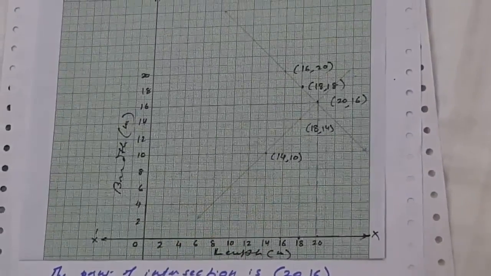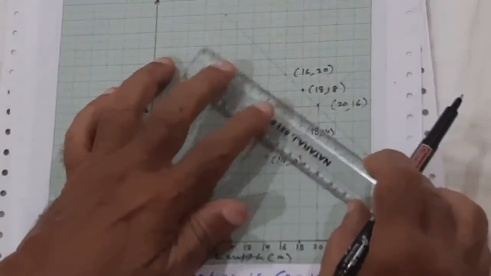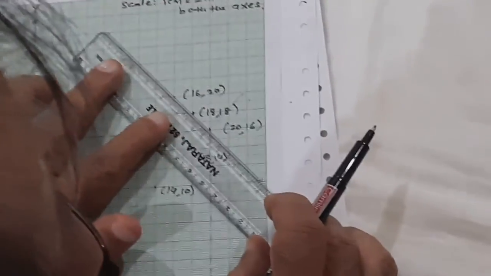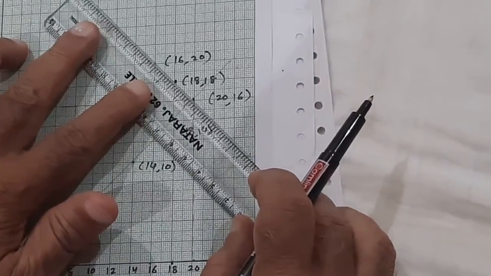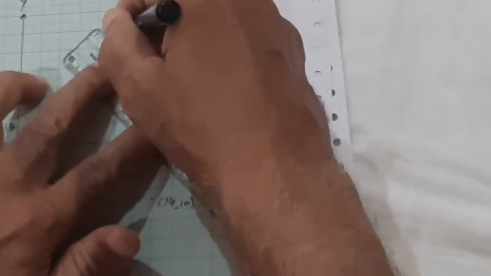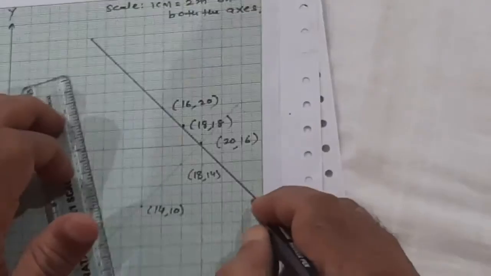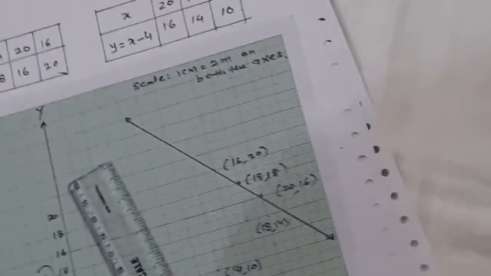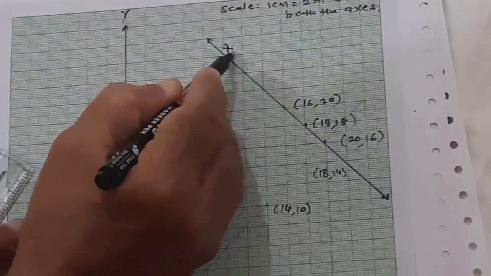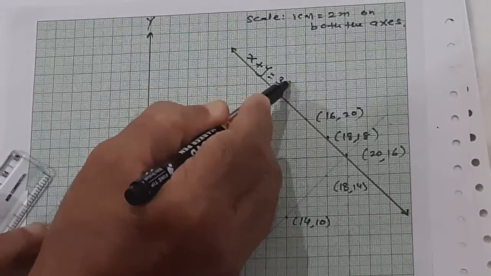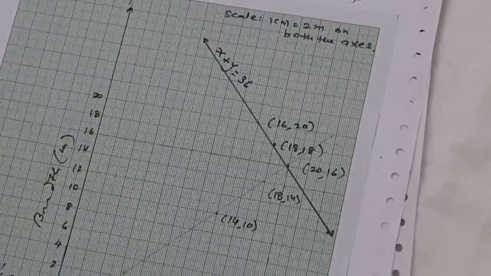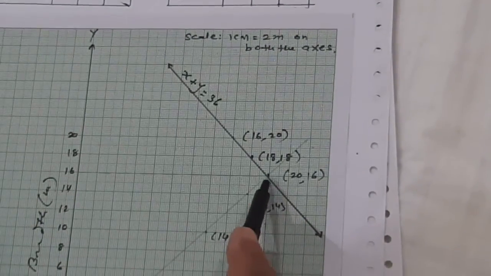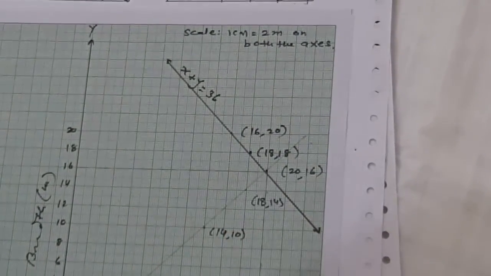Now draw the line. First take the point and complete the line. And write down the equation x plus y is equal to 36. Similarly, now second equation, x value is 20. Already that point is there, 20, 16. Common point. 18, 14.